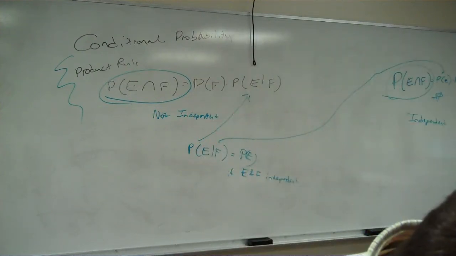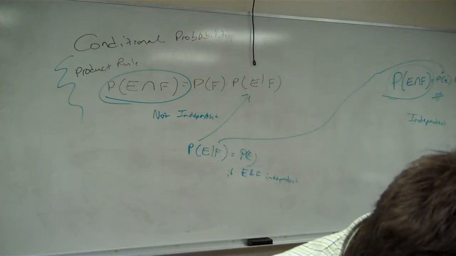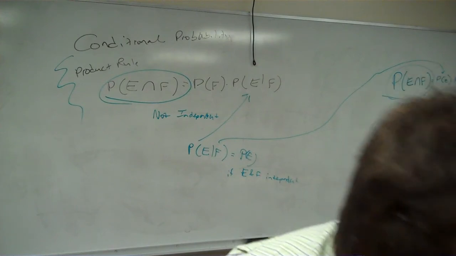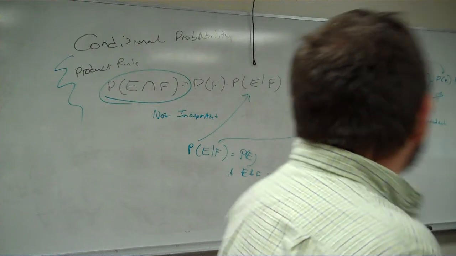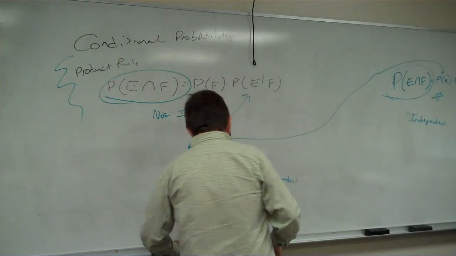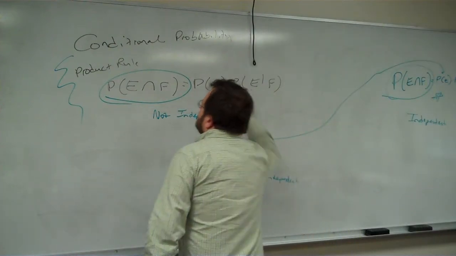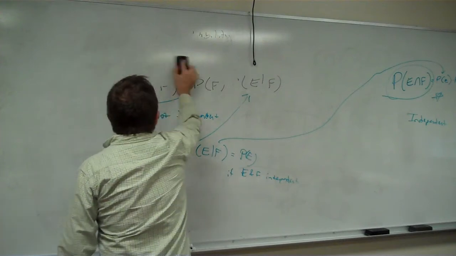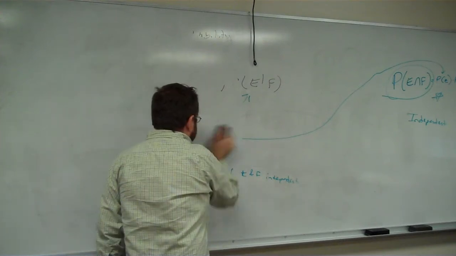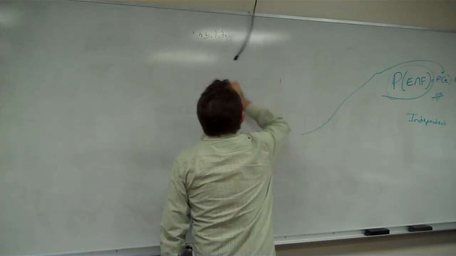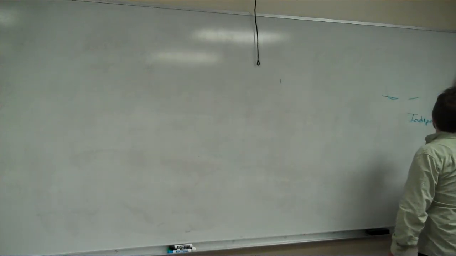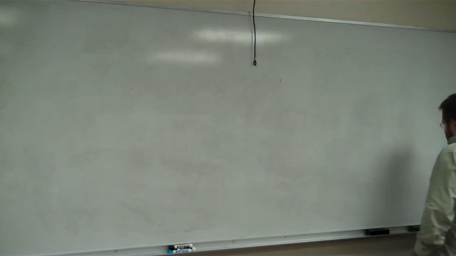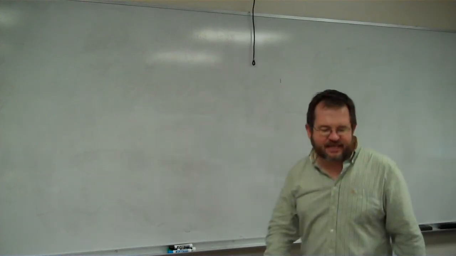Alright, so A: find the probability that the first card is a heart and the second card is red. And they said let's start by doing this one using a tree diagram. That's fine. First card is a heart and second card is red, right? Okay.